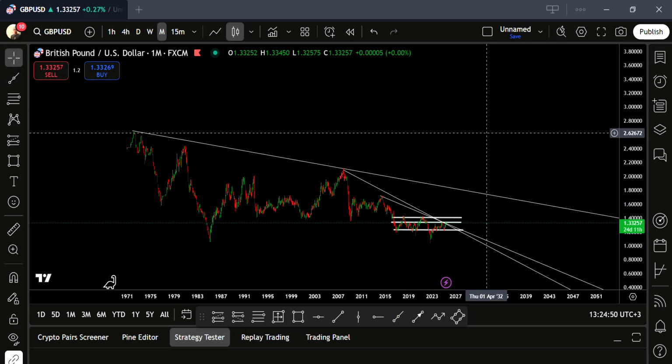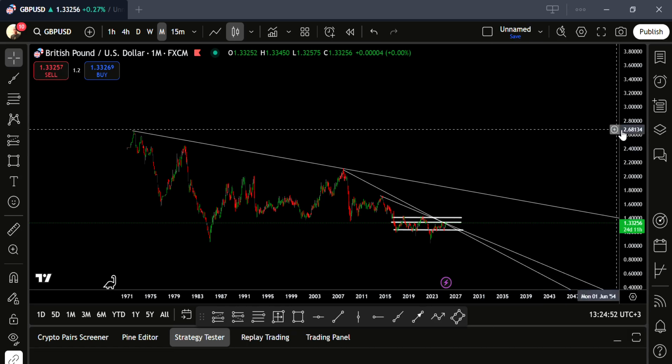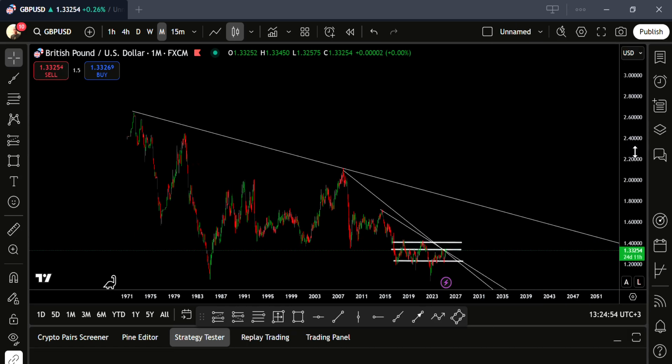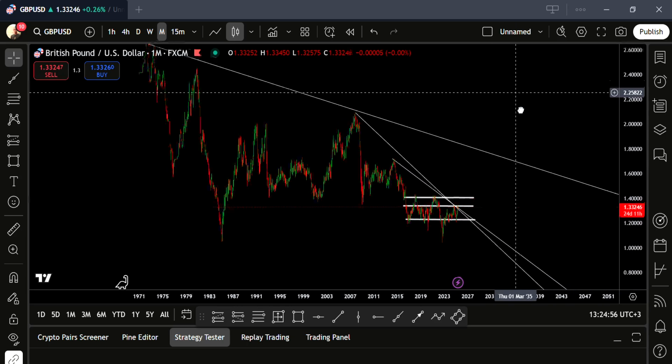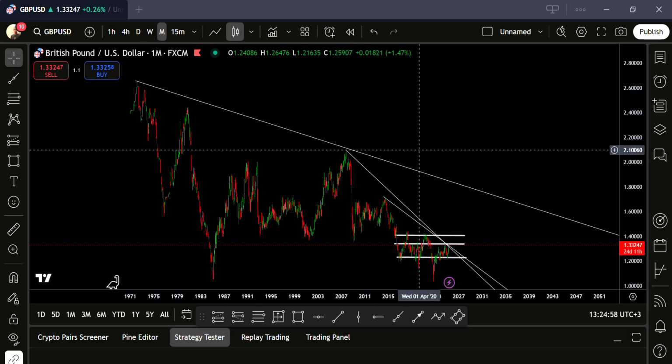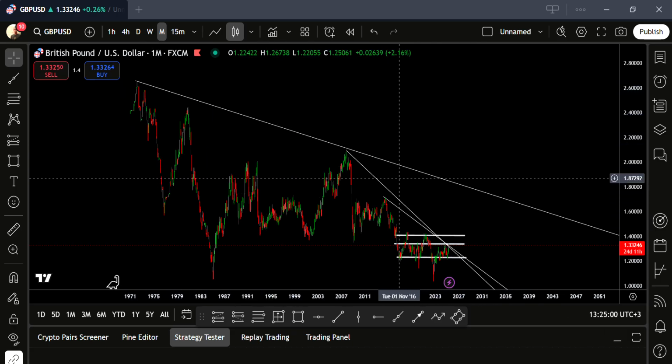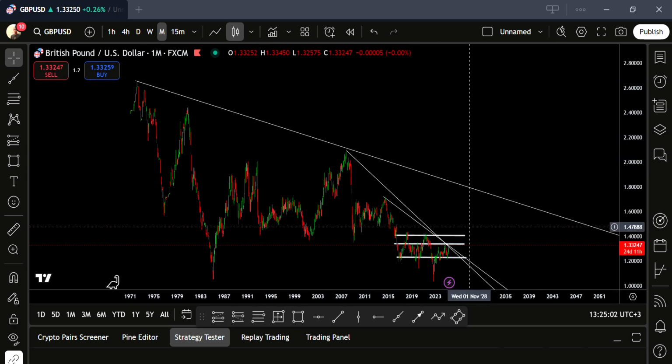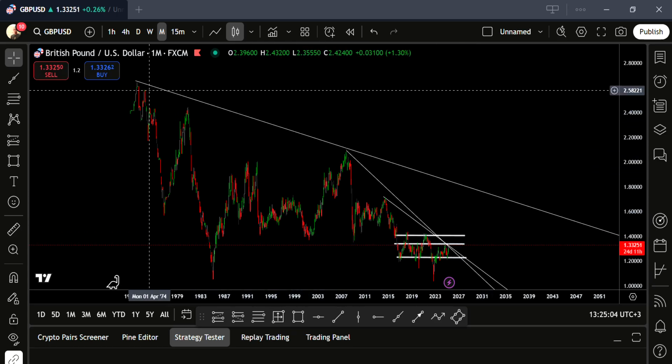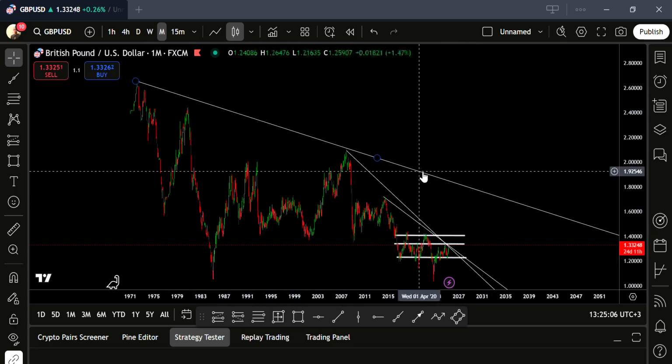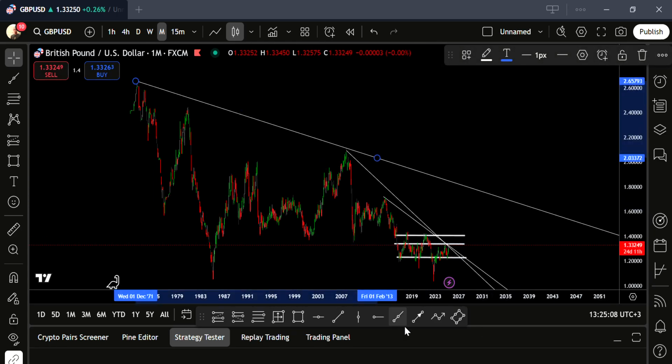Good. So the overall trend line shows that we are bearish. You see this big trend line here shows that we are bearish. Yes, we might have a bullish movement, but we are bearish according to the overall flow on the monthly time frame. So I'm just going to remove this trend line.